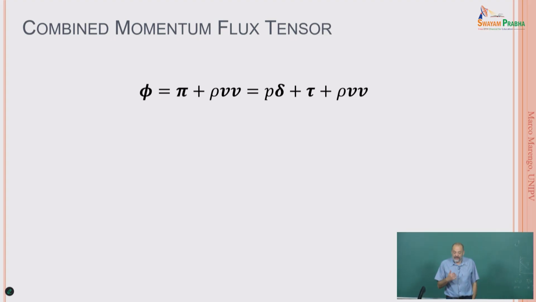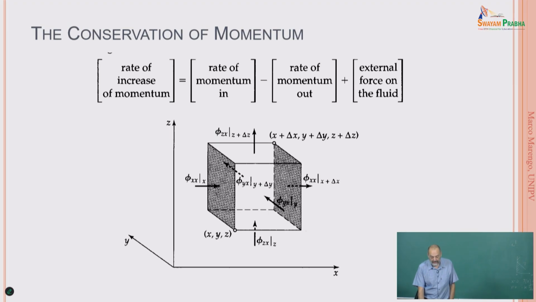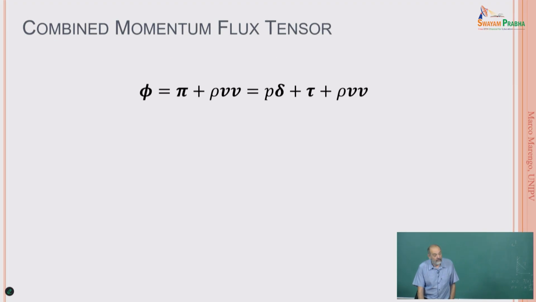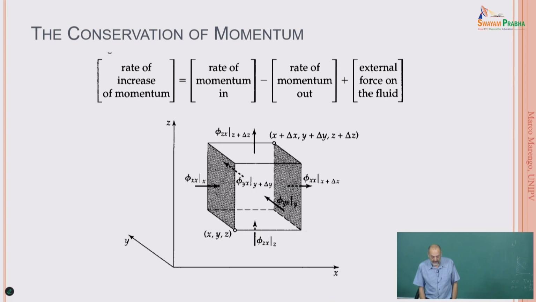And we can combine this using the molecular stress tensor, pi, plus now the momentum linked to the velocity, and we have now phi, which is indeed quite useful now, because we can do the same that we have done for the mass for the momentum.